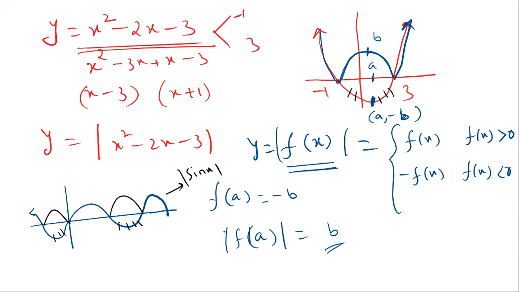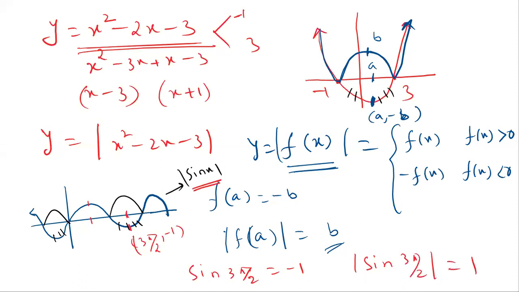Because see here in sine x, if this is the maximum, let me say this is pi by 2, then this will become 3 pi by 2 comma minus 1. Sine of 3 pi by 2 is minus 1, that is fine. But what about mod of sine of 3 pi by 2? This will become 1, so the graph is changing.